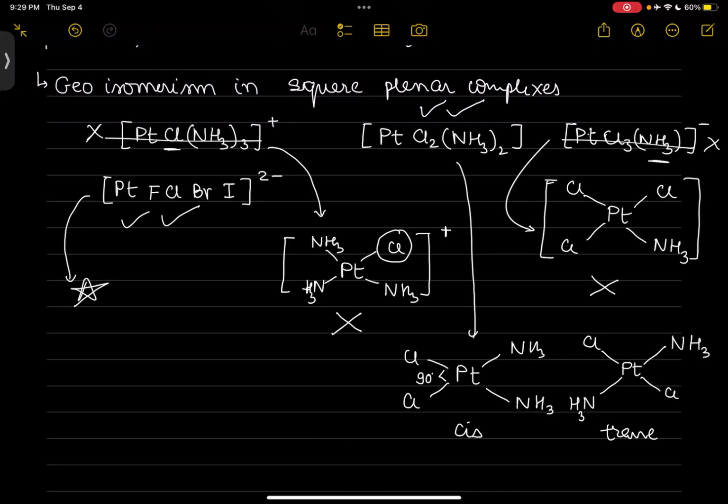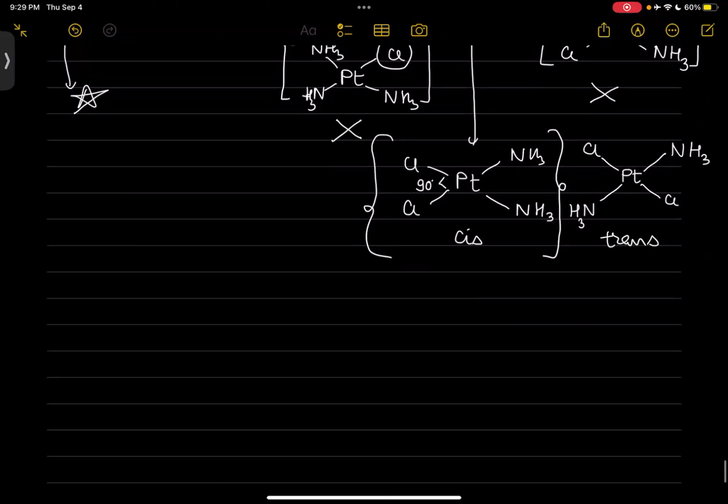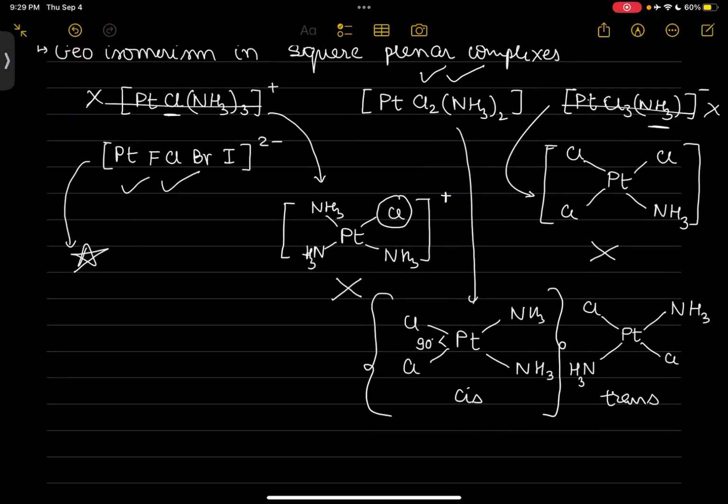This is a very important case, and this isomer we have already seen. It is used in medicine, as we saw in the previous class. What is the common name of this cis isomer? This is cisplatin.